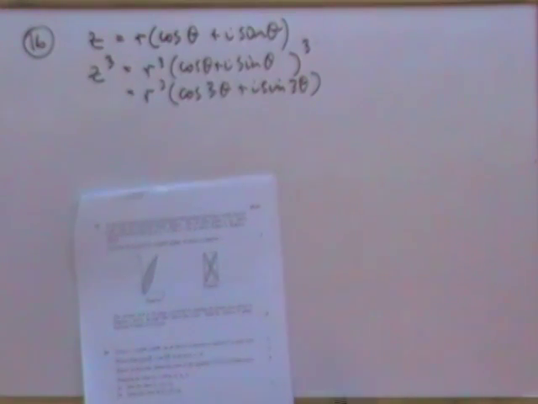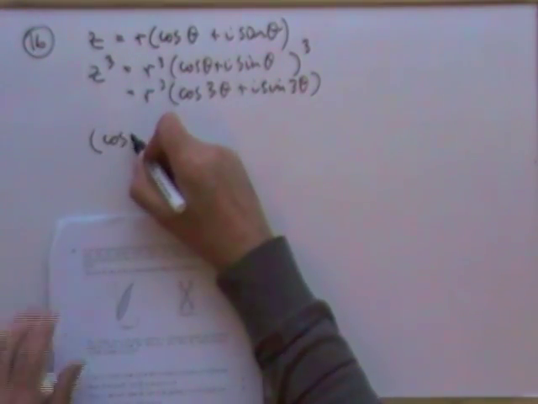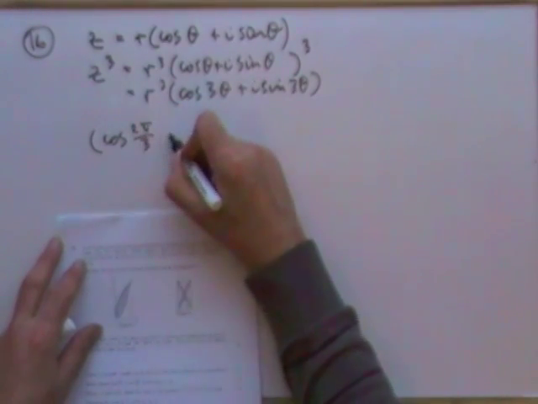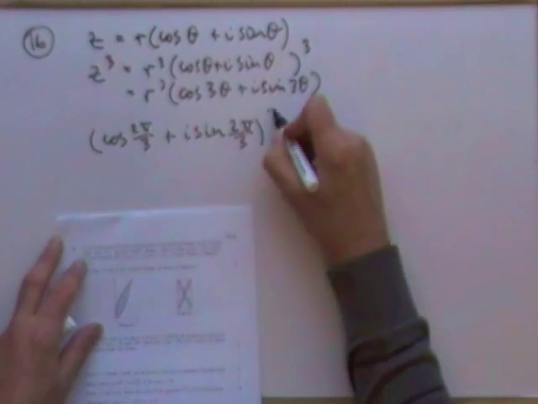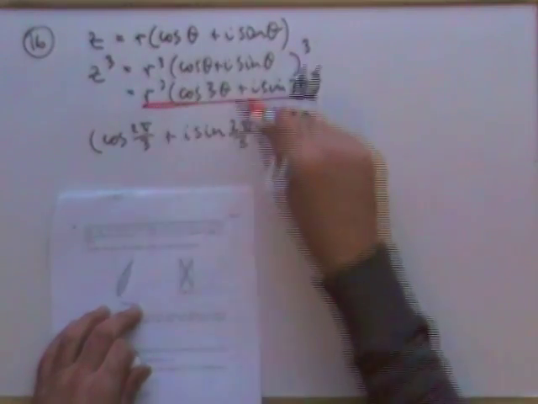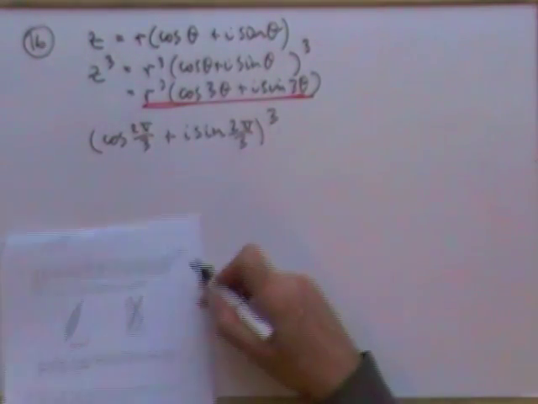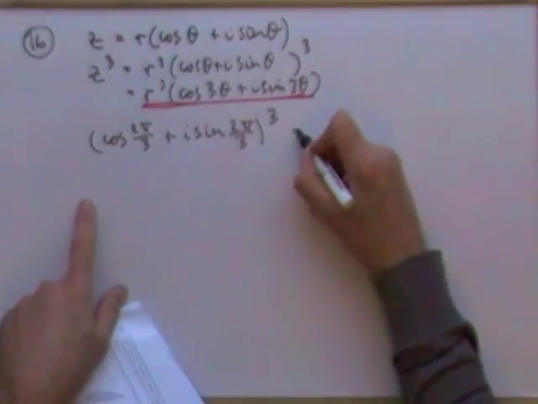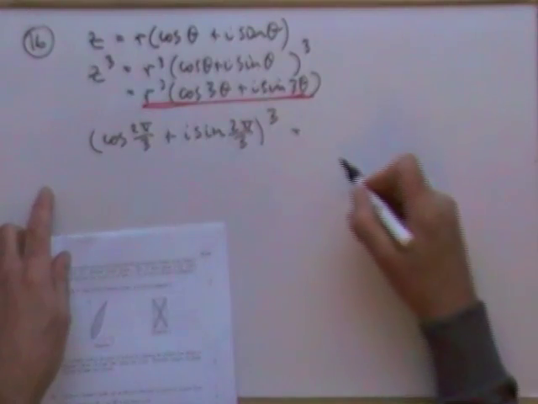Second bit. Hence obtain this: cos 2 pi upon 3 plus i sine 2 pi upon 3, cubed, in rectangular form, Cartesian form. Well, that's why I keep saying this hence, that just means doing the same as this, multiplying the angle by 3.